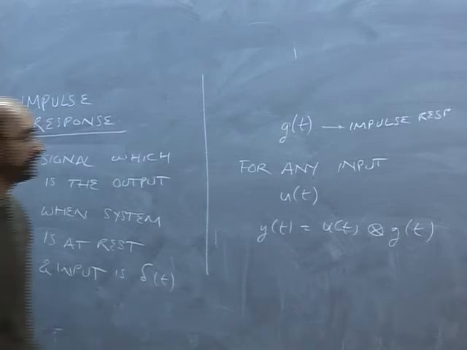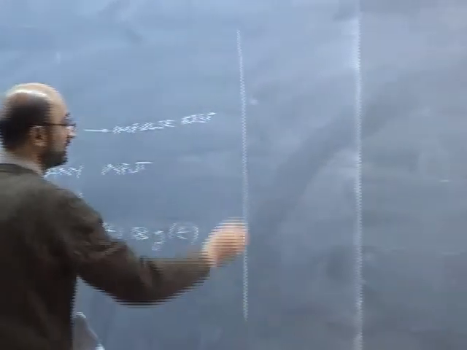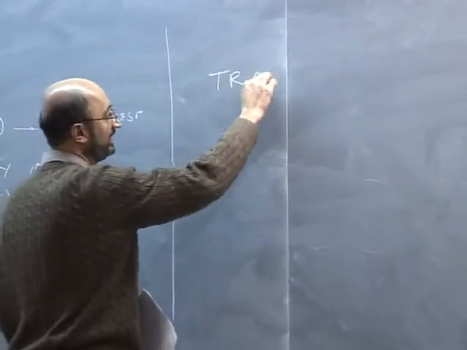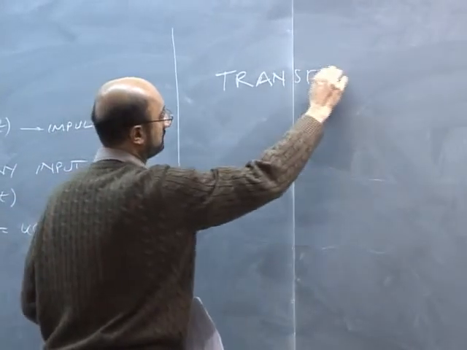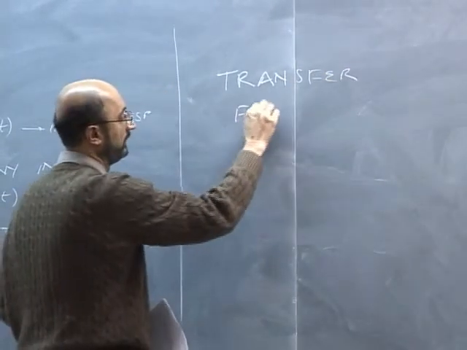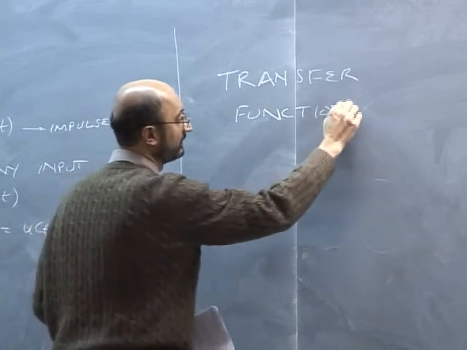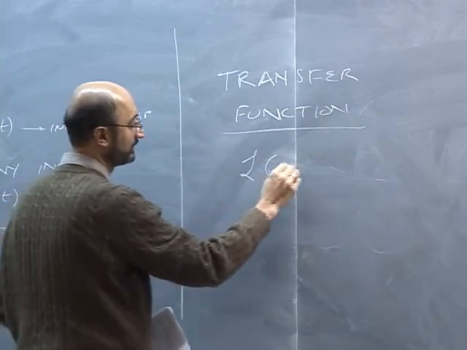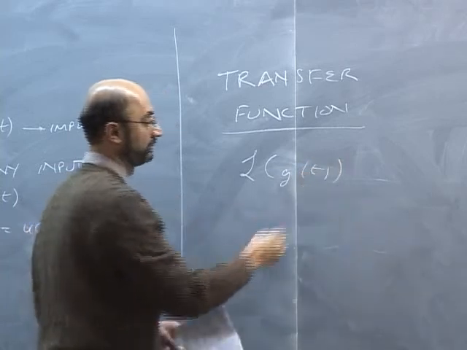Instead, what we do is go straight to the transfer function, which I can now finally define for you. In our case, we'll define the transfer function to be the Laplace transform of the impulse response.